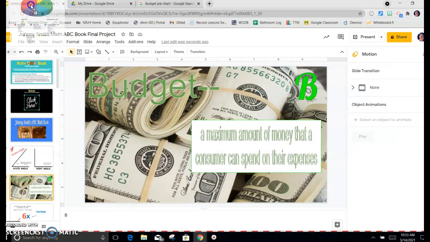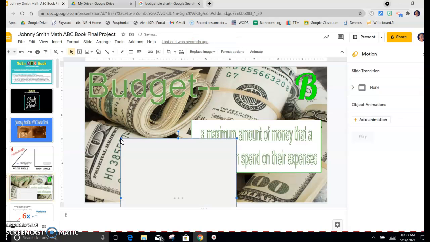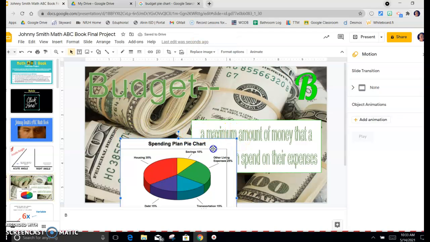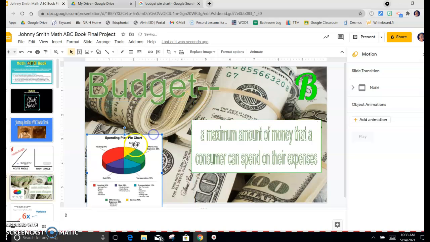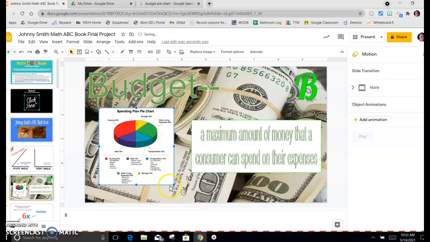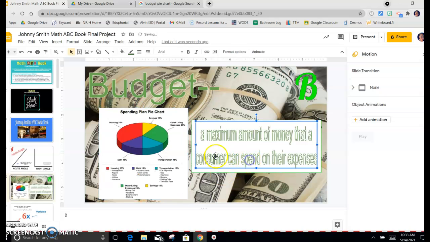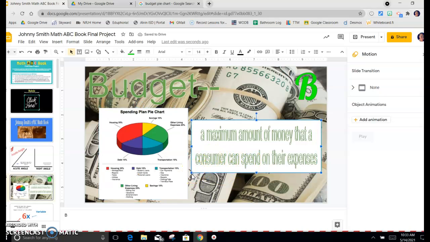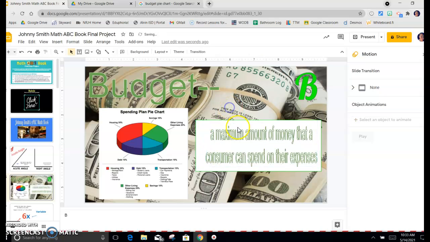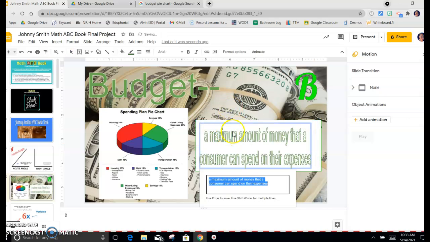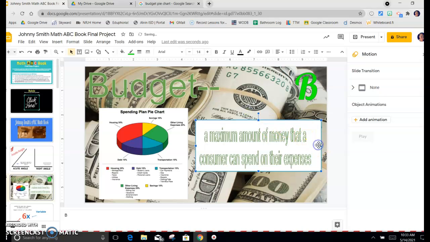Let me drag this on over to my visual. Budget. Oh, but you know what? I want this to be legible, so let's make this a little bit smaller. Hey, shh, I'm making a video.